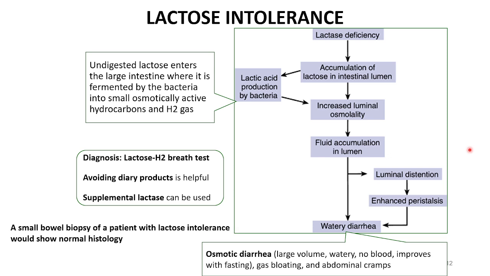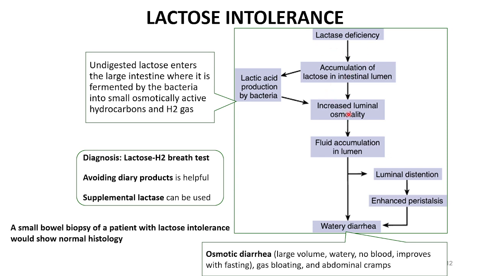It's lactase deficiency only. The patient has no problem breaking down maltose or sucrose because maltase and sucrase are not affected. But the sugar present in milk and all dairy products cannot be digested.